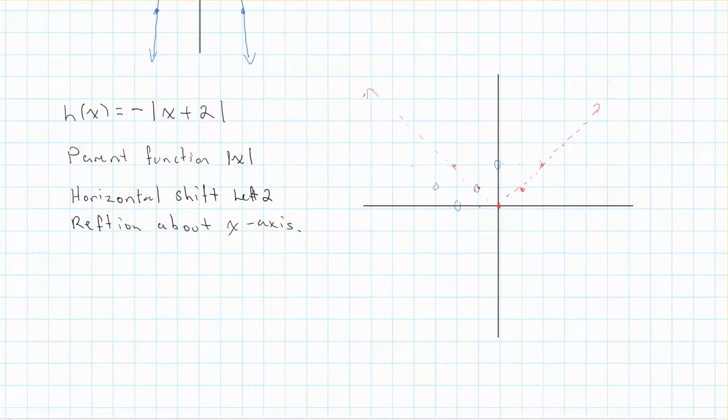Those blue circles are what we'd have if I just had the horizontal shift left 2. But then I also have a reflection about the x-axis, so now I'll fill these in with solid green ones, because this is what we'd get when we reflect those blue circles across the x-axis, and we wind up with this graph right here.